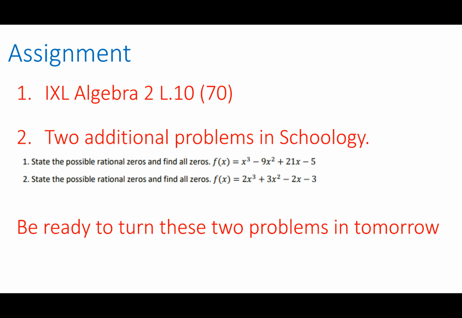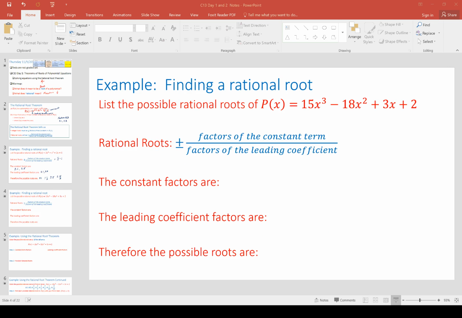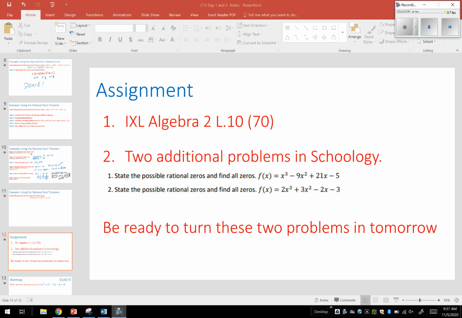So exactly what we did on those last two example problems: state the possible rational zeros and find all zeros, and be ready to turn these two in tomorrow. Okay, it's only 2 questions. It's going to take a little bit of time, but it's not going to be terrible.